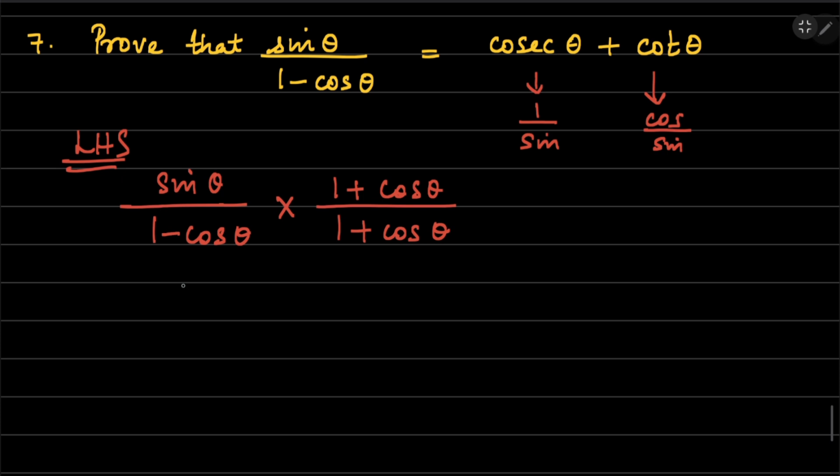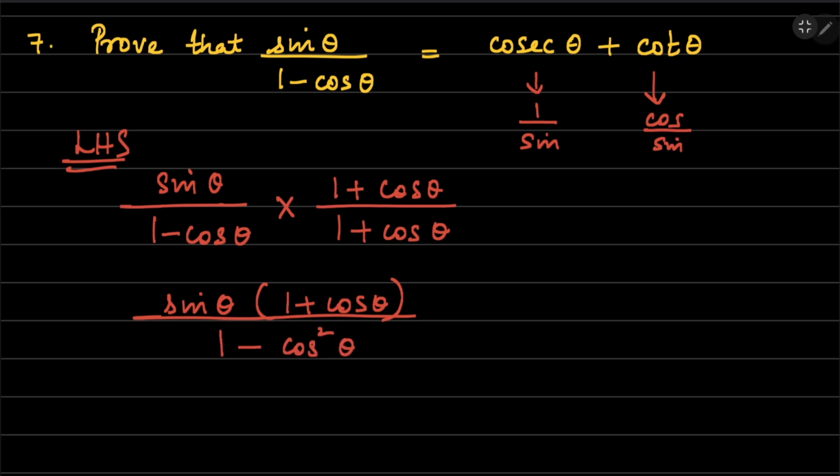Okay, so this will become sine theta multiplied by 1 plus cos theta whole divided by a plus b into a minus b. It's a square minus b square. So what is 1 minus cos square theta? It is sine square theta.